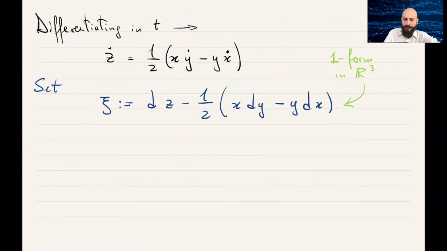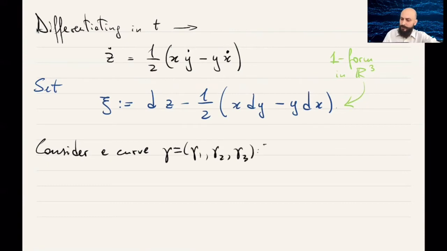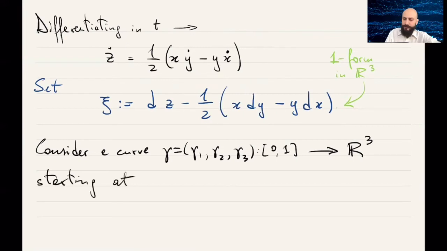Now consider a curve gamma, in coordinates gamma 1, gamma 2, gamma 3, from 0, 1 into R3, starting at the 0 of R3.